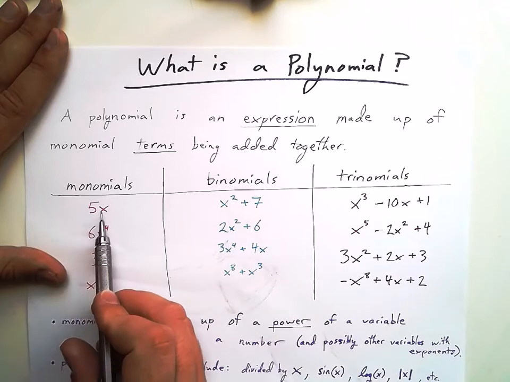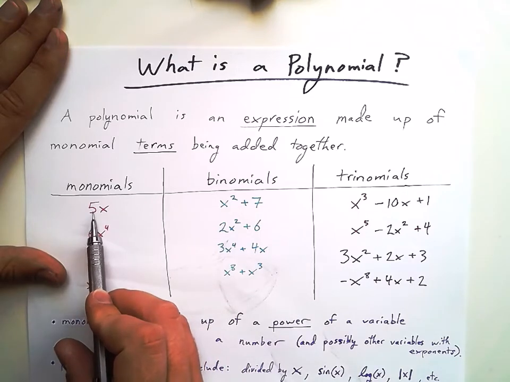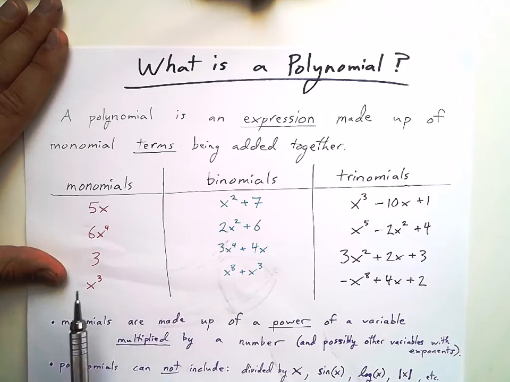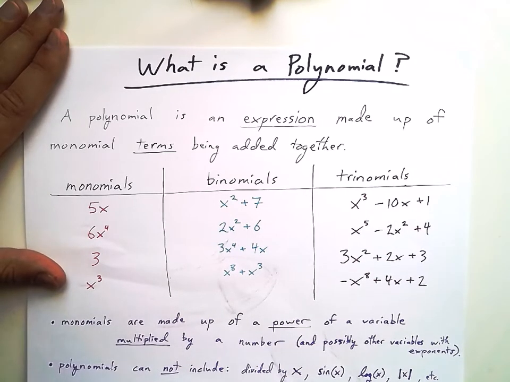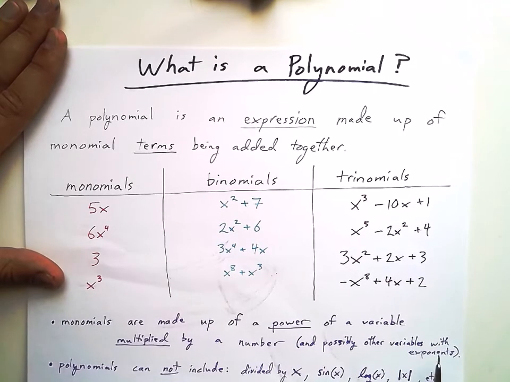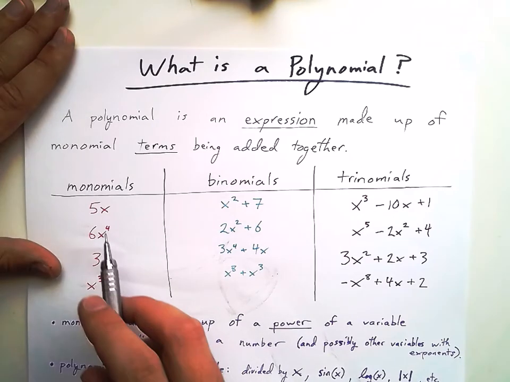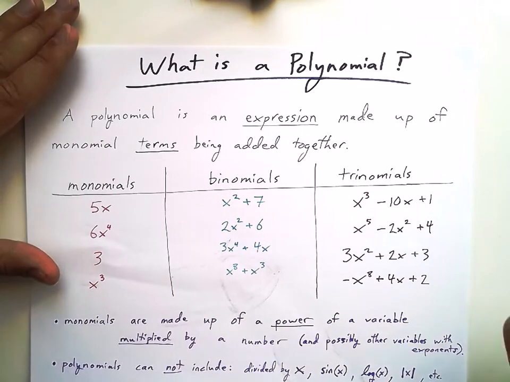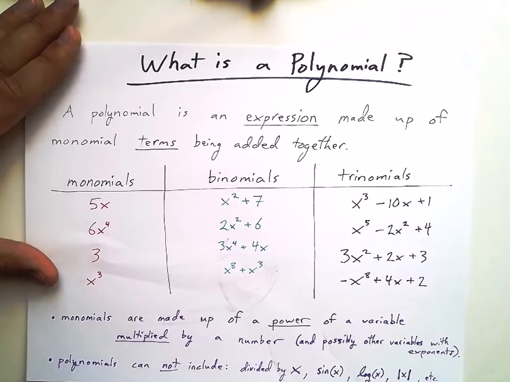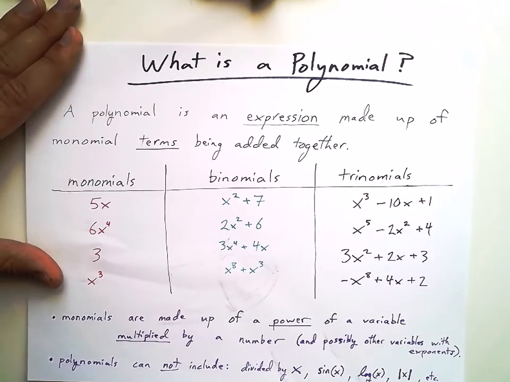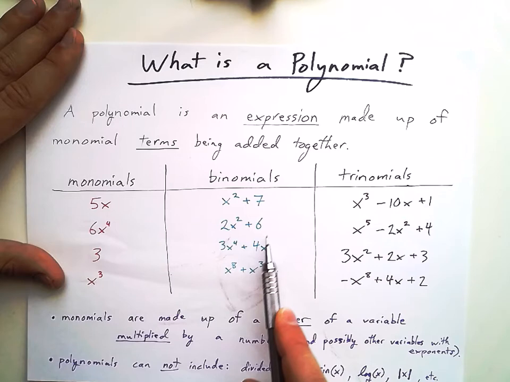So the 5 with the x, 5x, 5 would be that number, and the 5 is called the coefficient, which we'll get to in a minute. And there could also possibly be variables with other variables with exponents, so like 5xy, which we won't do too much with at the moment, but I'll talk about that more in a second. So that's what monomials are.